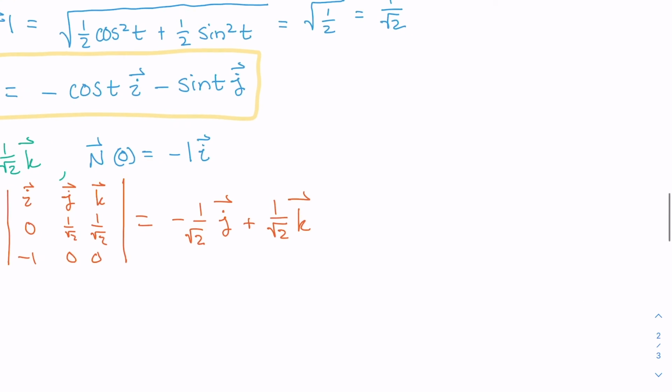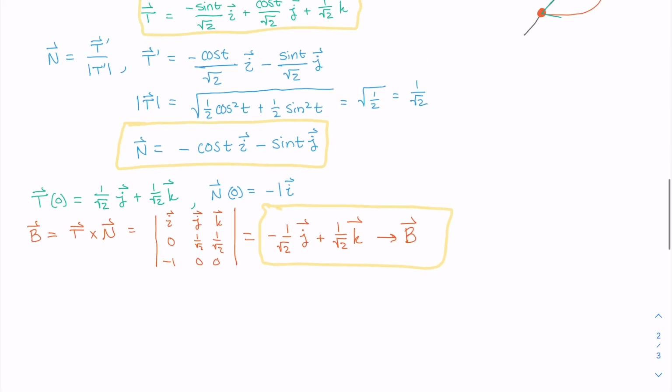So that's our b vector at t equals 0. Let me just formalize this over here real quick.